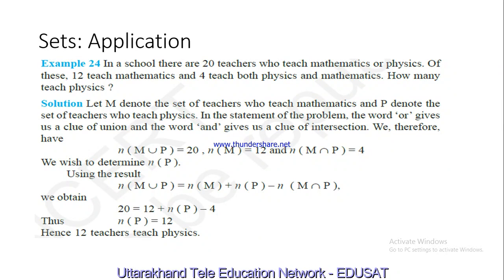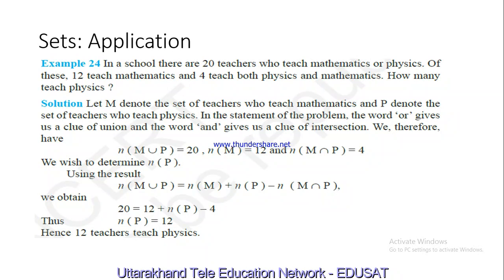You can find out the first line you can see here in the solution, M union P. Now what is the meaning of n? n is basically the number of elements in the M union P, which is the union of those who teach mathematics and those who teach physics, and the number is equal to 20.